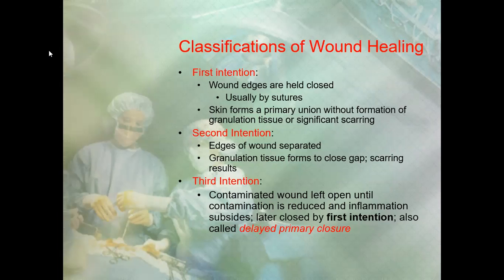Second intention is where I just leave it to fill in by itself. Right, like you pick a scab, it starts to bleed. Am I really gonna put a stitch in that? No. Apply a little bit of pressure. Just let it go. Your body's gonna fill it in on its own with that granulation tissue. The granulation will turn into epithelial tissue, create a scar.